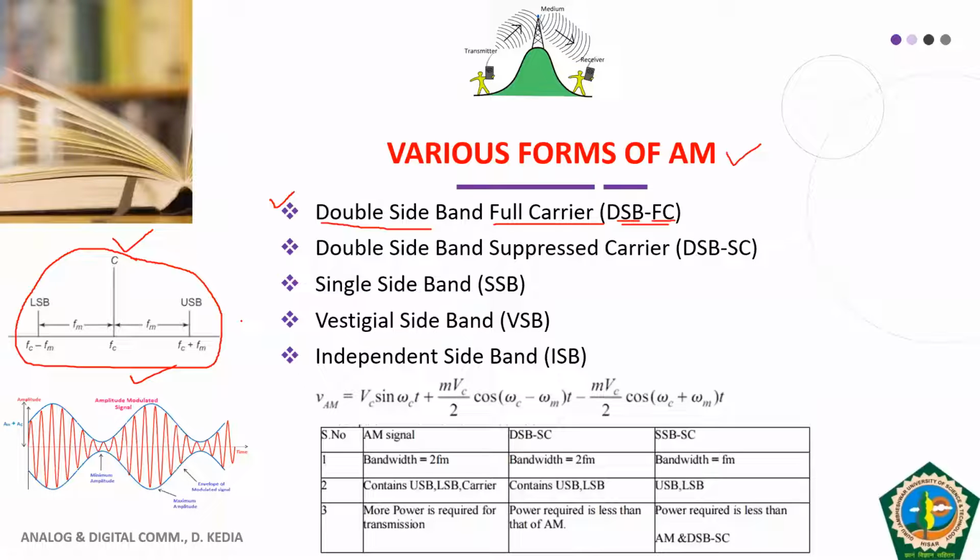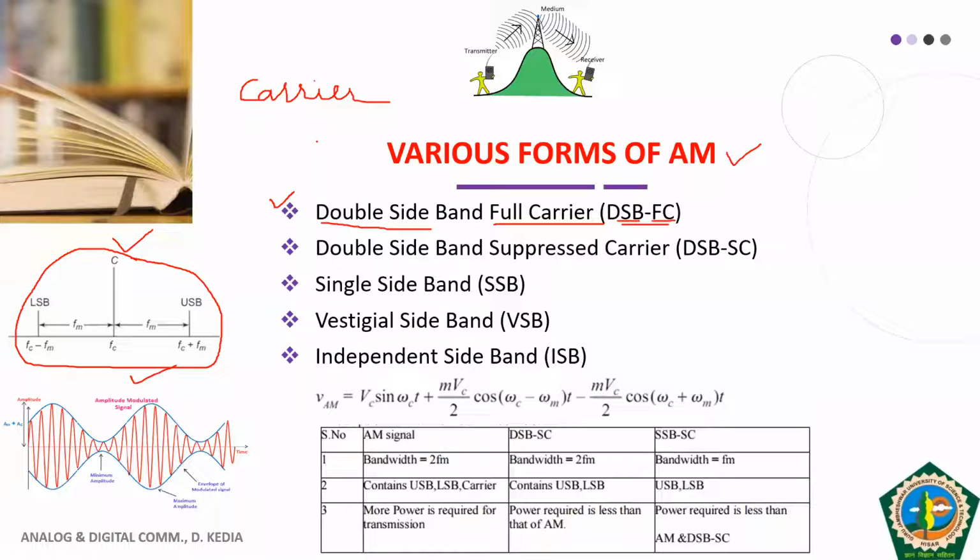In fact, a communication engineer is more selfish than a general human being. If he doesn't need anything, then that thing becomes useless. And the same thing is happening with the carrier. What is the carrier doing? Your carrier is making your signal reach from one place to another place.